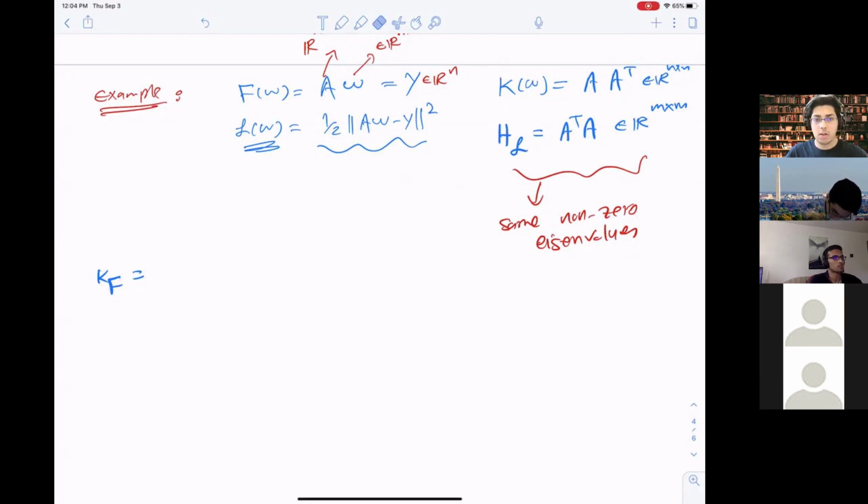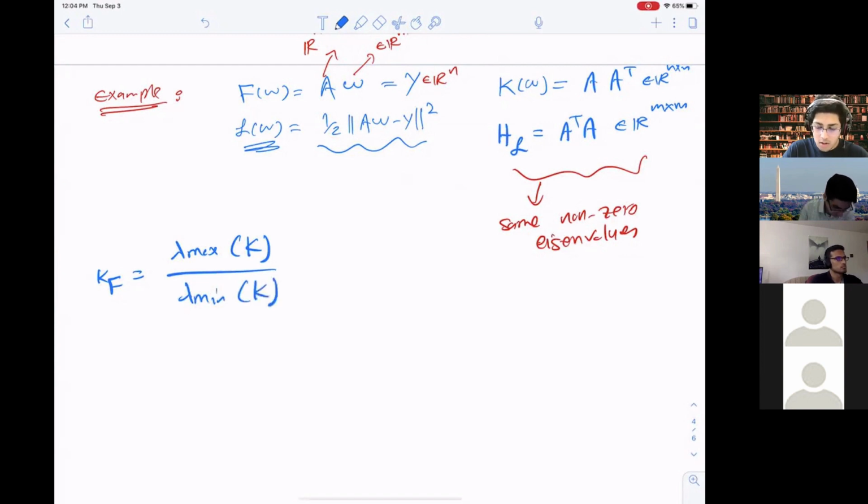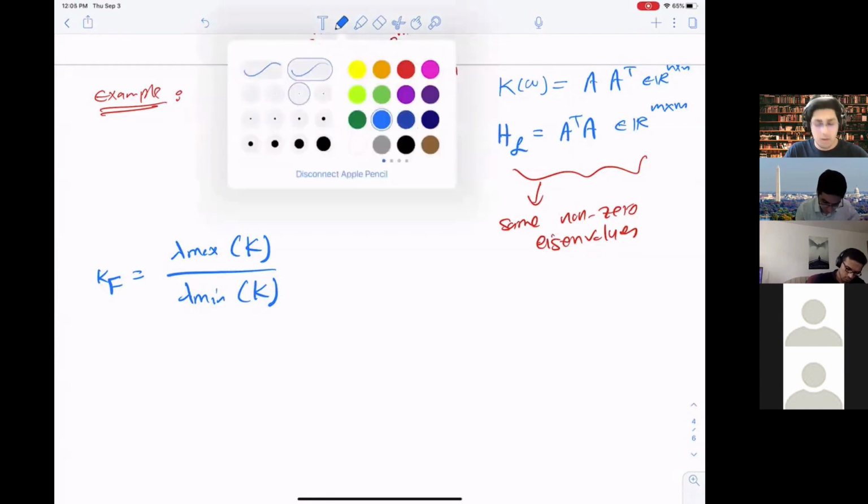So I can just write lambda max of K instead of lambda max of Hessian, and in the denominator, I write lambda min of K. And this is basically the standard condition number for a matrix.